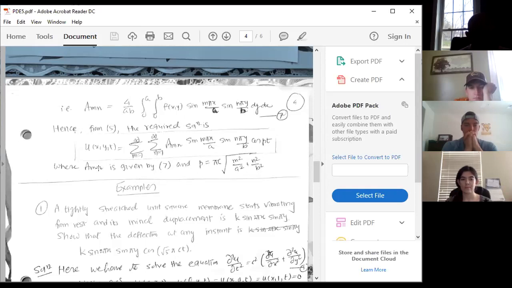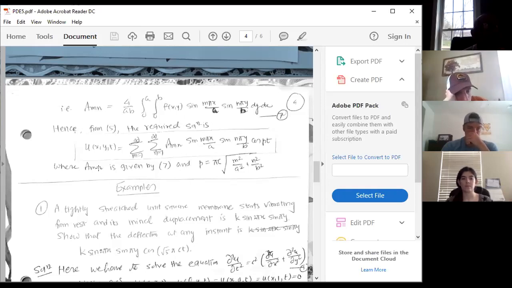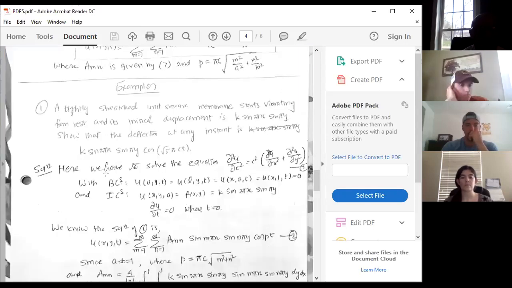The theoretical portion looks a little more complicated than the previous 2-3 sections, but the examples are way easier than the previous parts. If you look at the first example, you will have the complete idea. Example number 1. A slightly stretched unit square membrane starts vibrating from rest, and its initial displacement is k sine 2 pi x sine pi y.